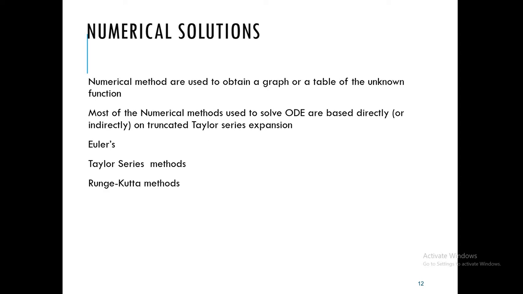Unless otherwise, I ask you maybe to approximate y at t of 0.5. 0.5 means you move 5 steps from 0: 0.1, 0.2, 0.3, 0.4, 0.5, then you stop. Else you have to get to the end, because approximation is over that interval.